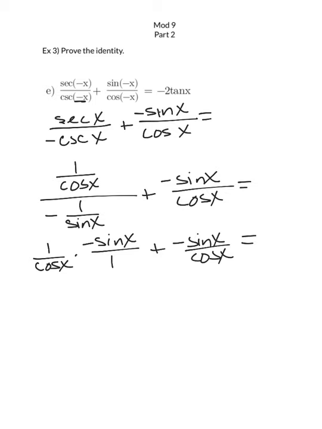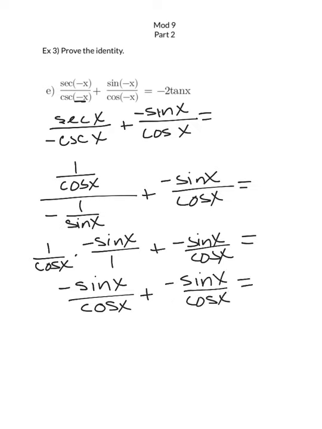Now, on that first fraction, when you multiply fractions, you multiply straight across, so you're going to have negative sine of x over cosine of x plus negative sine of x over cosine of x.